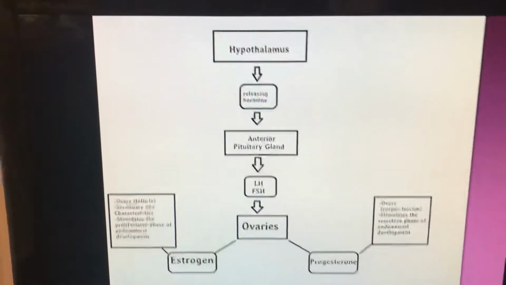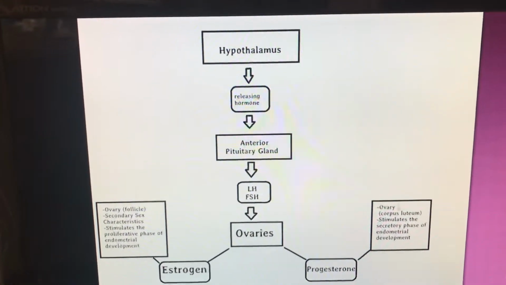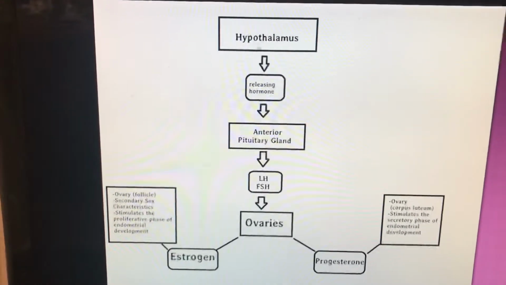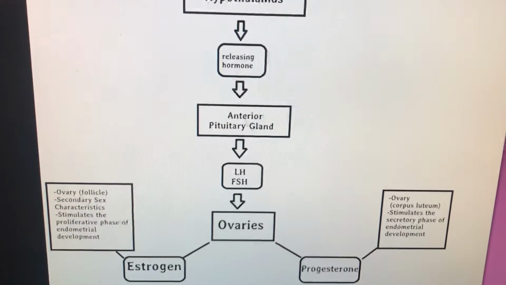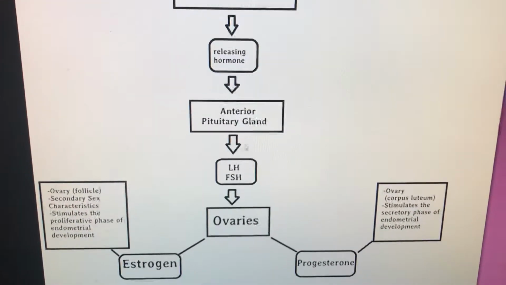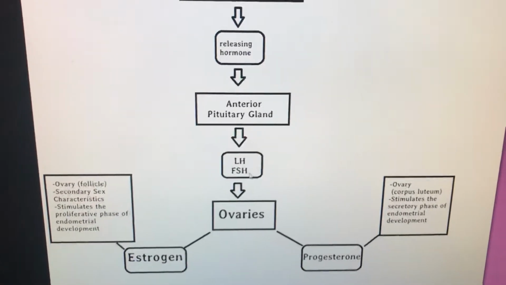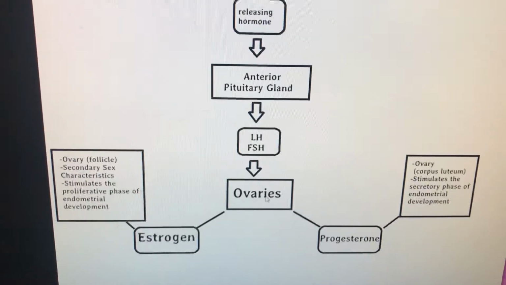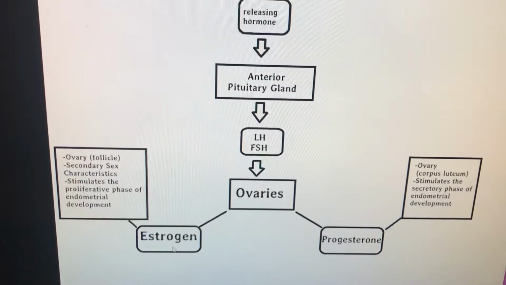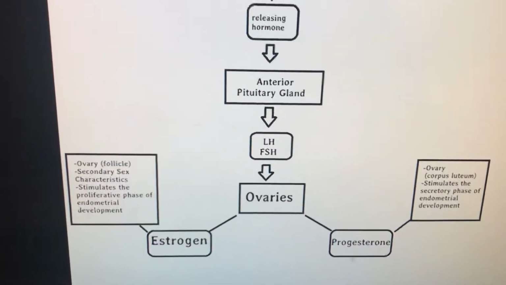So here's a diagram here. You have the hypothalamus sending the releasing hormone to stimulate the anterior pituitary gland to secrete LH and FSH. And so it targets the ovaries, and from there, the ovaries produce estrogen and progesterone.